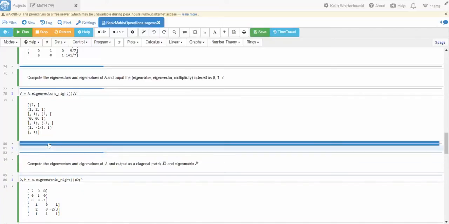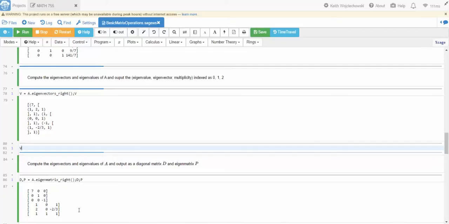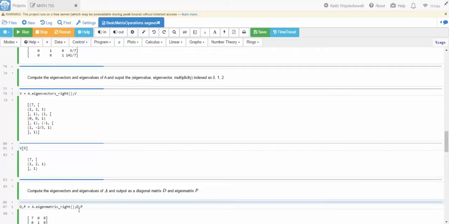But I did want to point out a few things here. This is capital V. If I put in V of 0, that is the first eigenvalue and eigenvector. And this is Python indexing, so it starts from 0. If I put in 1, I will get the next eigenvector.